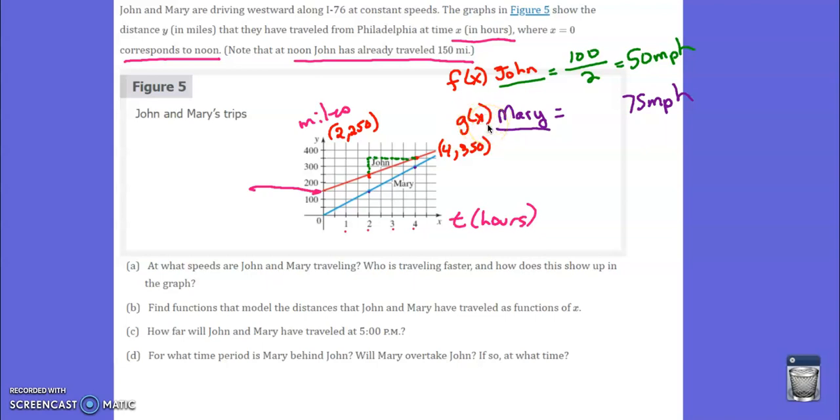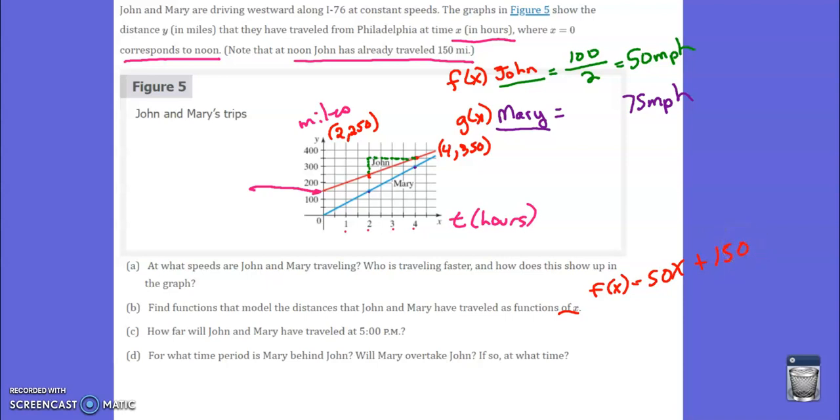It doesn't tell us what to call them. So we get f of x, because they're telling us of x. So f of x would be 50 miles per hour. I keep saying time, but it's actually x. So 50x, and then notice John started at 150.